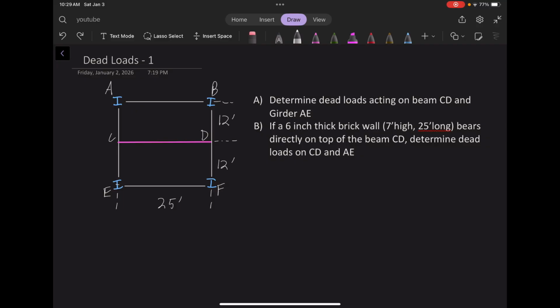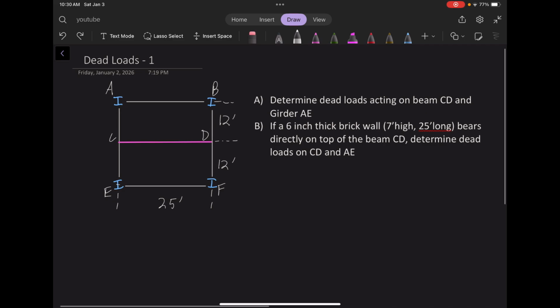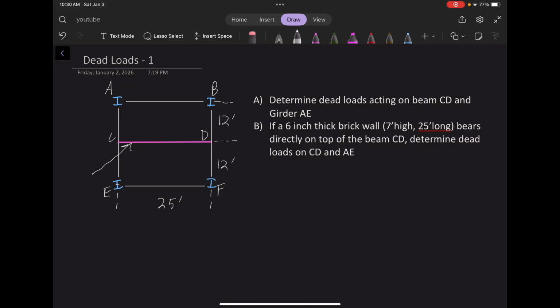So we can get started by labeling some areas and additional information that we need. We know that this floor beam, I'm going to call this the area of the floor beam, is equal to 18.3 inches squared.